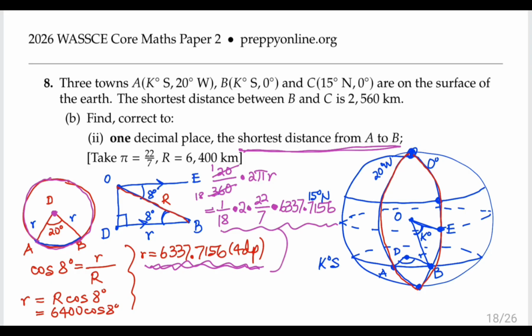And when we do that, the answer we get is 2,213.1705. But then we are asked to find it to 1 decimal place. So we just need to write this number to 1 decimal place, which is 2213.2 kilometers.